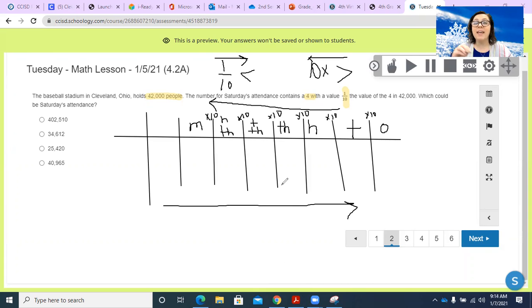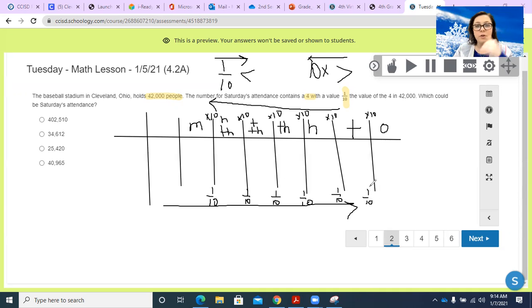I'm taking 1/10 or dividing by 10. And remember we said that fractions are the same thing as division. So if I'm dividing by 10, it's 1/10 as much. If I divide 1,000,000 by 10, I get 100,000. 100,000 divided by 10 is 10,000. 10,000 divided by 10 is 1,000. 1,000 divided by 10 is 100. 100 divided by 10 is 10. 10 divided by 10 is 1, and so on.